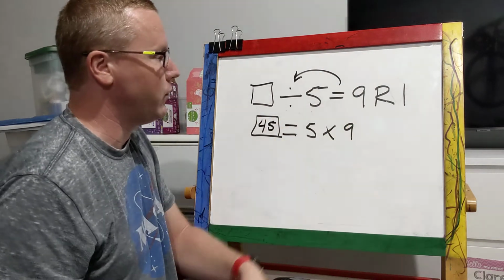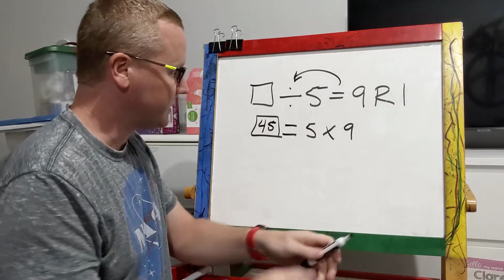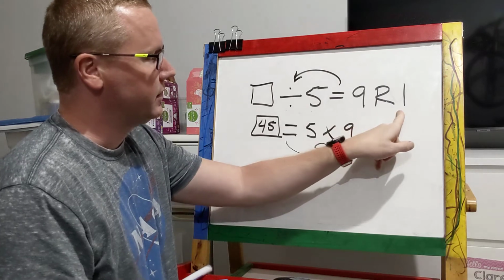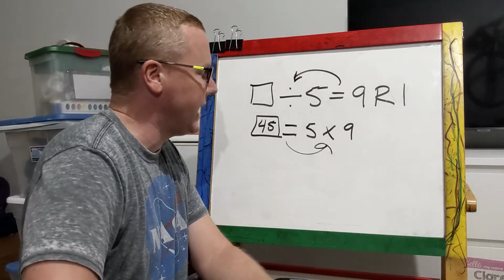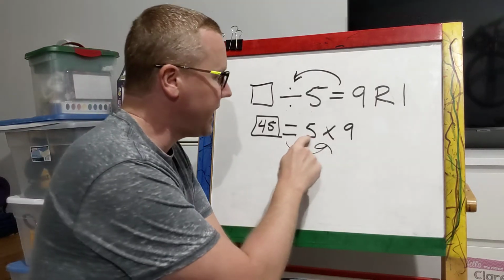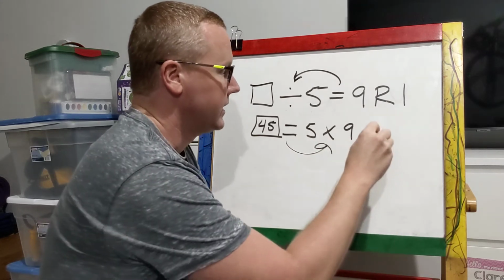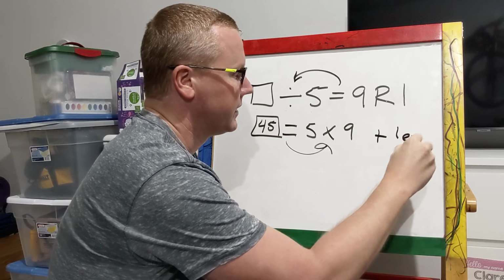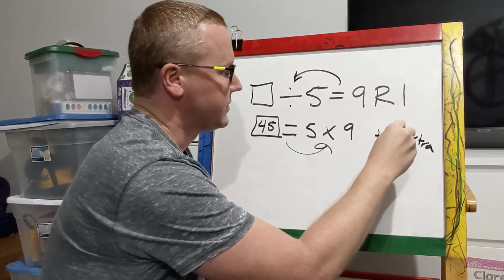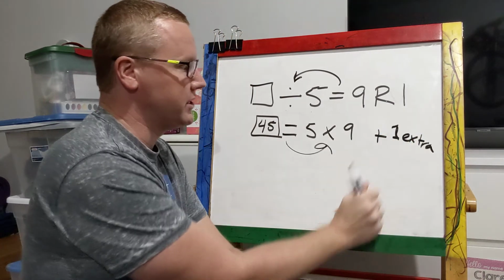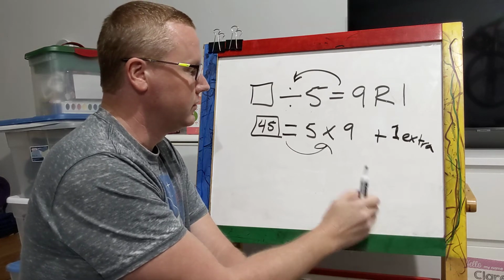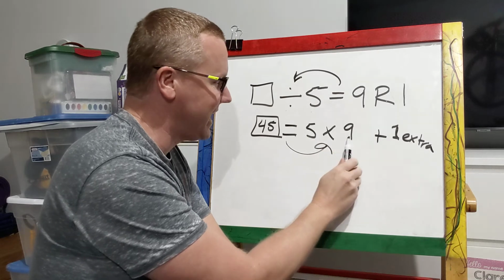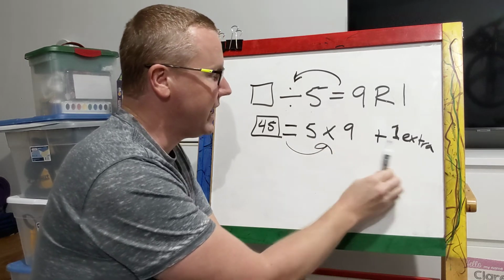Now we need to figure out what to do with our remainder. So our remainder, we were saying, we have 1 extra. So we had 5 groups of 9, and the remainder just remains, plus 1 extra. Well, 5 times 9 equals 45, plus we have to add 1 more.